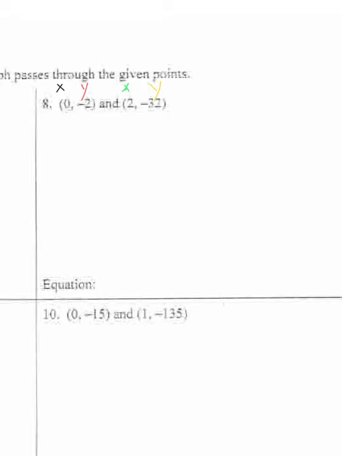And we'll go through a similar process here for number 8. We're going to write y equals a times b to the x. Use the first ordered pair that has 0 as the x, and substitute those values into the equation. So we have y equals a times b, and then the x is 0.